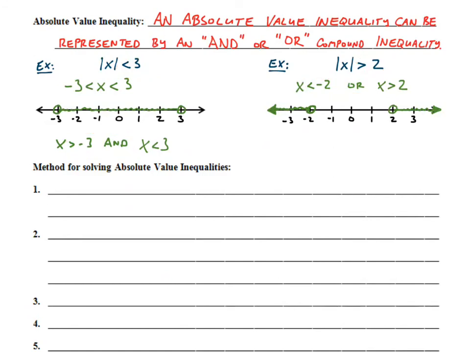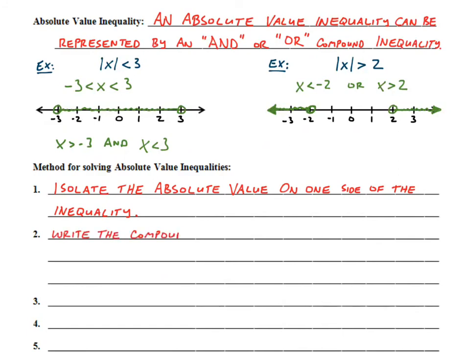So let's go ahead and write our method. Our first step is to isolate the absolute value on one side of the inequality, very similar to our first step with equations. So get the absolute value all by itself. Our second step will be to write the compound inequality.